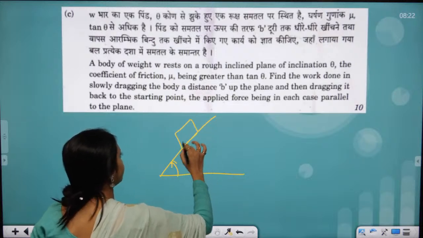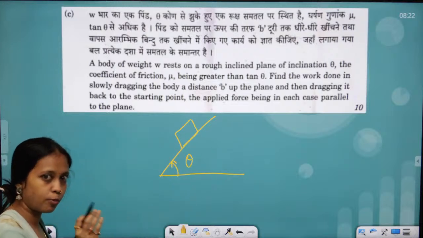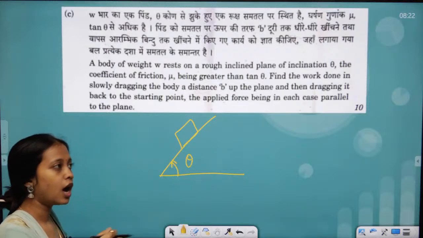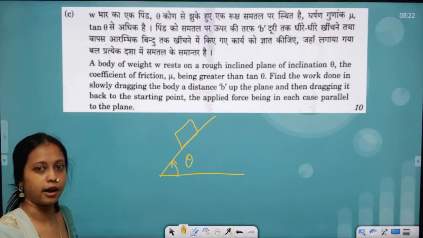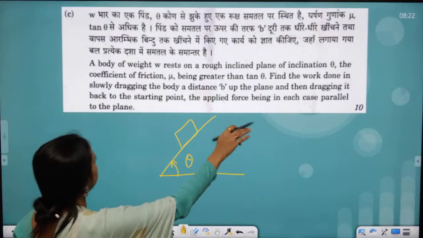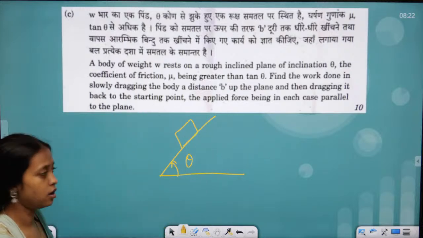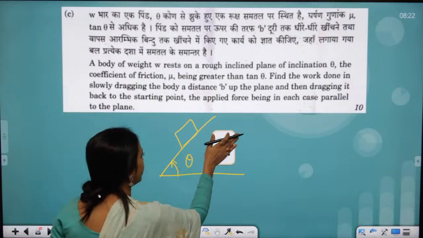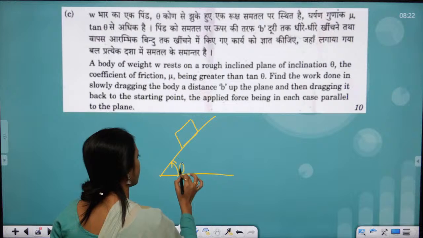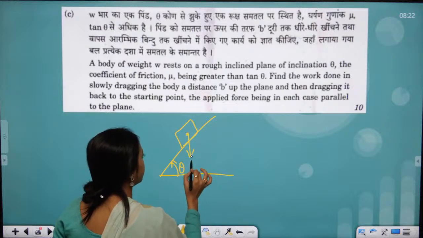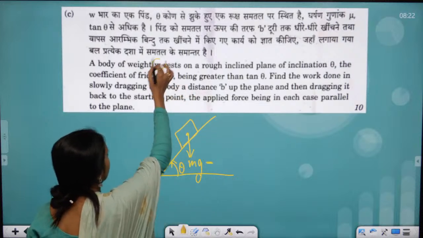This is the body. Weight is given. When you have a body on a rough inclined plane, you know the forces that act. We are not dragging the body right now, just as it is there. So there is a weight acting vertically downwards, mg, which is given to be W over here.